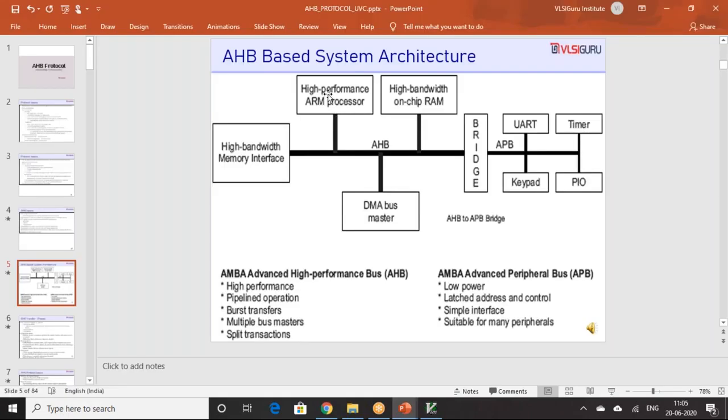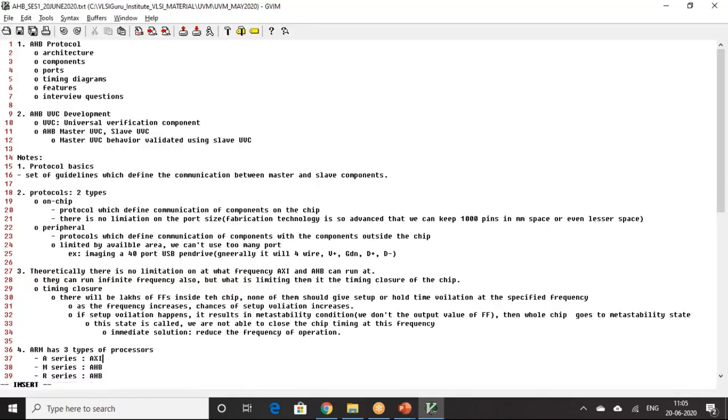A stands for application series. I think M stands for embedded series. R stands for real-time series, real-time applications. So based on your requirement, you go with A series, M series or R series. Based on that, the protocol will be decided.